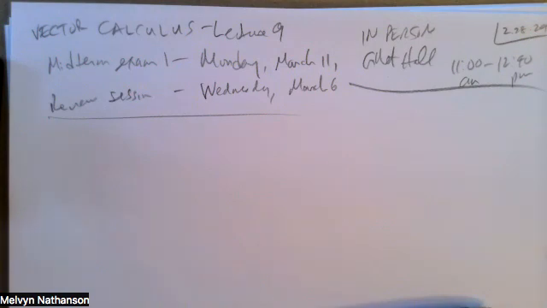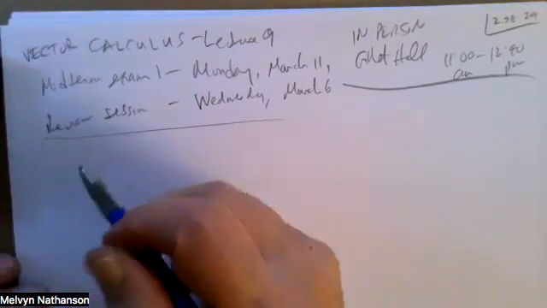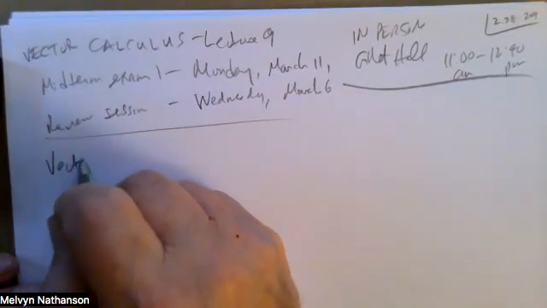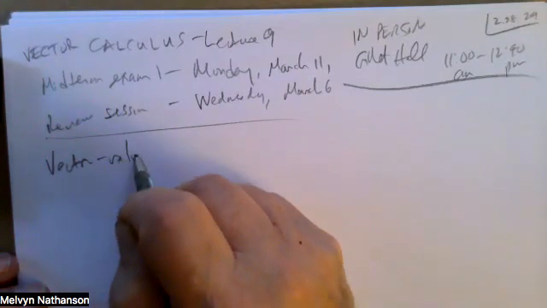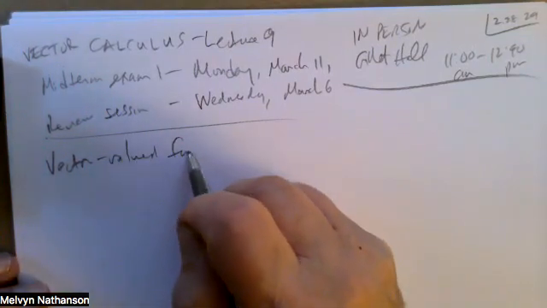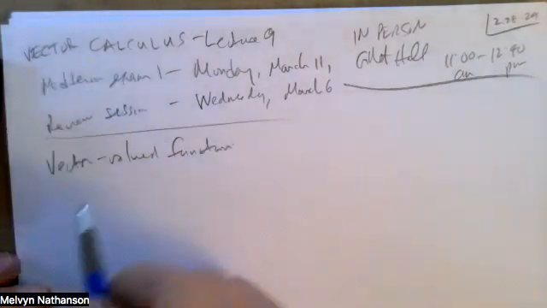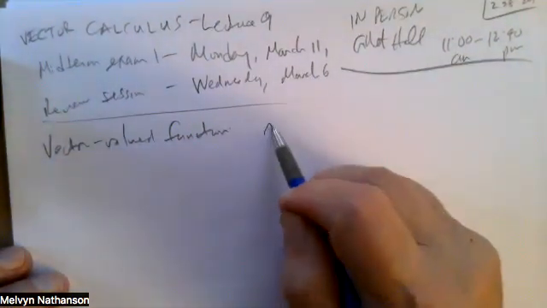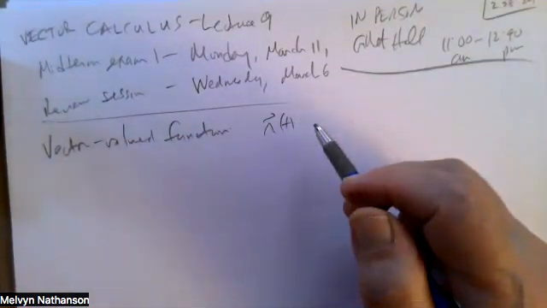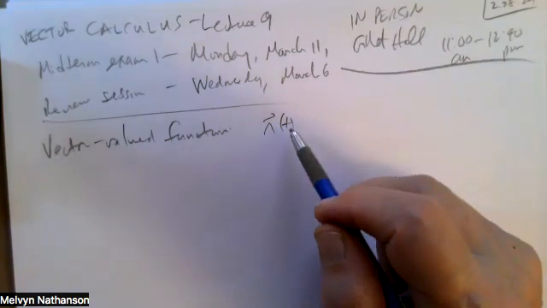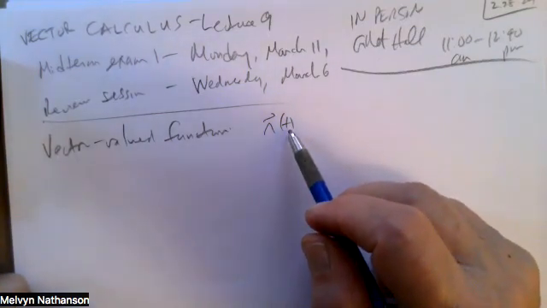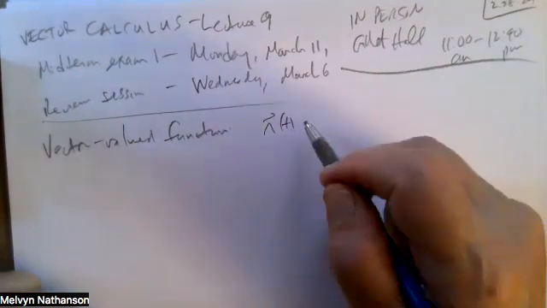Okay. So let's review a tiny bit. We are doing vector valued functions. So we have a function R of t, which is a vector depending on this parameter, real number t.